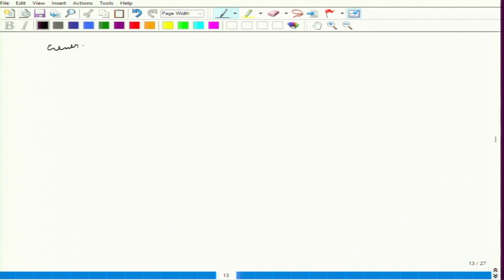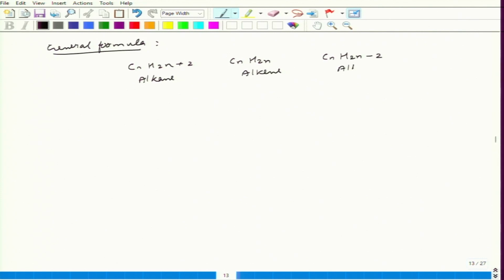It also has a general formula, as we have discussed for alkanes and alkenes. Alkanes, you remember, are CnH2n+2. Alkene is CnH2n, and alkyne will be CnH2n-2, where n can be 2, 3, 4, 5.